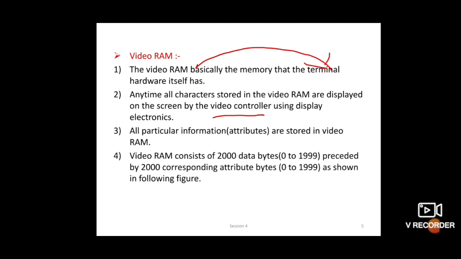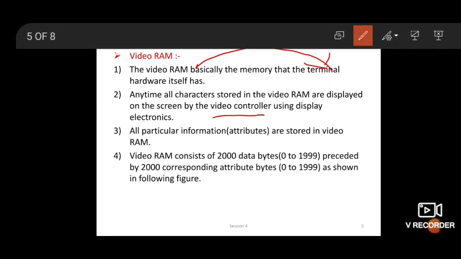Video RAM consists of 2000 data bytes, 0 to 1999, because we start from 0, so the end is 1999, preceded by 2000 corresponding attribute bytes, as shown in the following figure. See how video RAM consists of 2000 bytes. Suppose this is a screen.